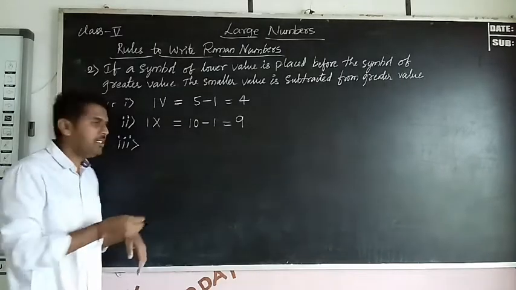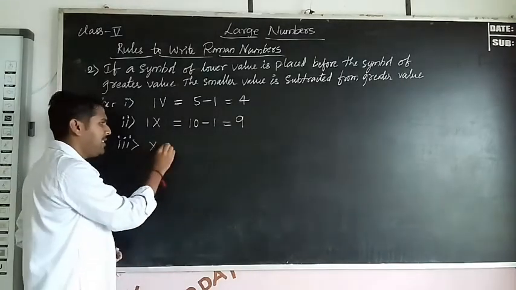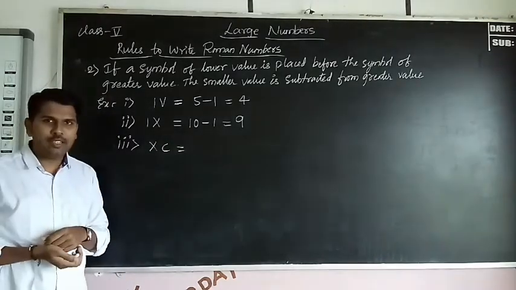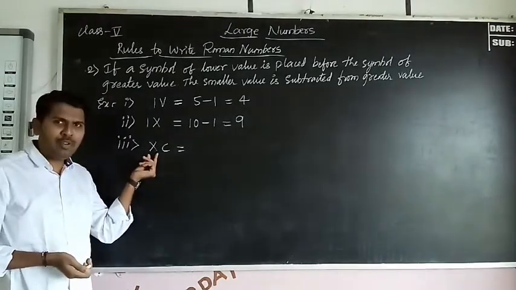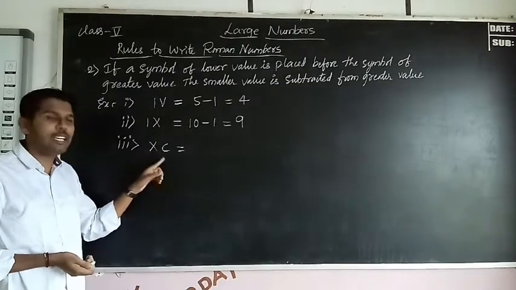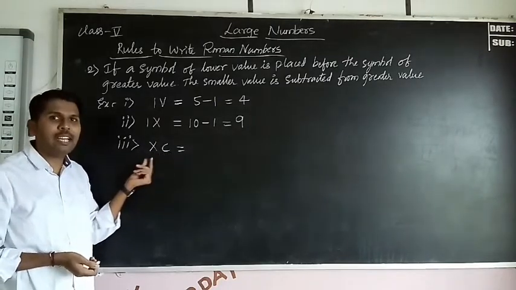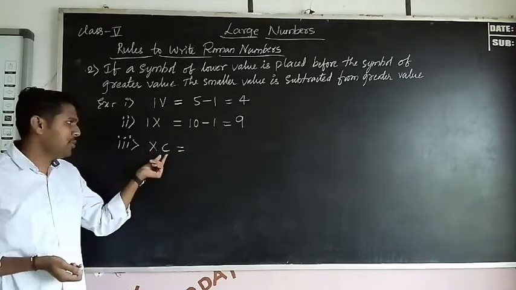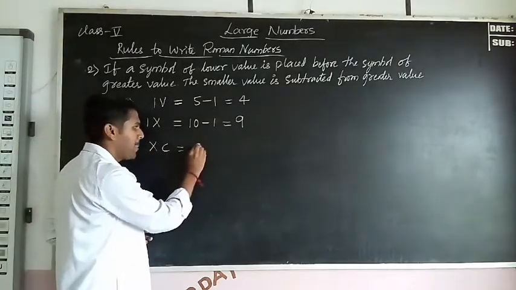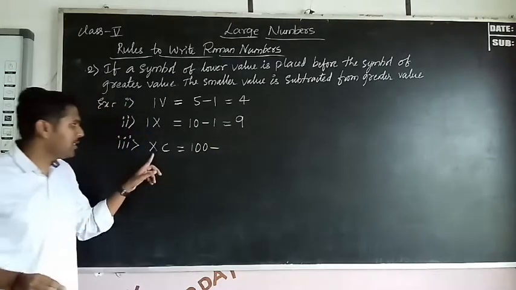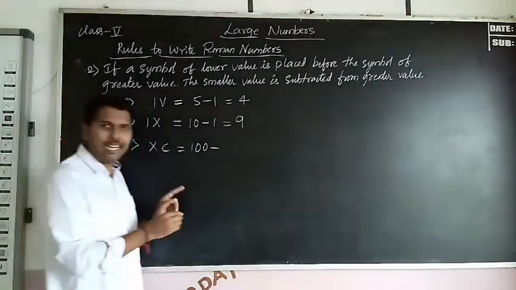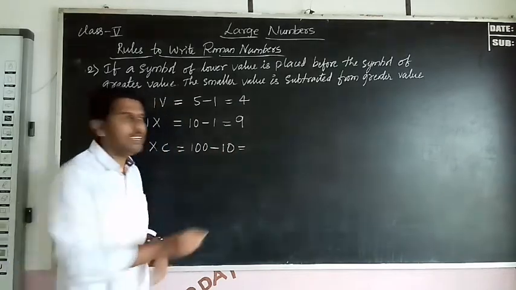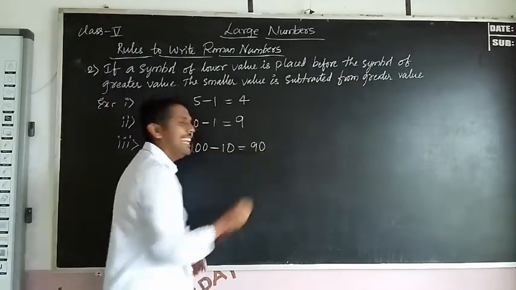So take third one, XC. So here which one is smaller? X is smaller, no, that is placed before the greater value. Why? Because C value is 100, X value is 10. So we have to subtract. So C value is 100 minus what is the value of X? X value is 10, no, that is 100 minus 10, that is 90.